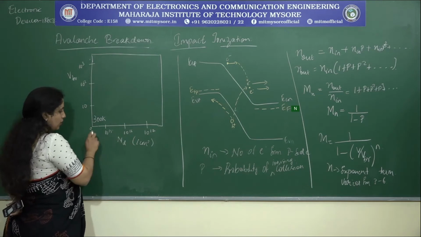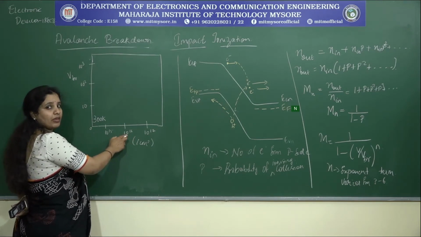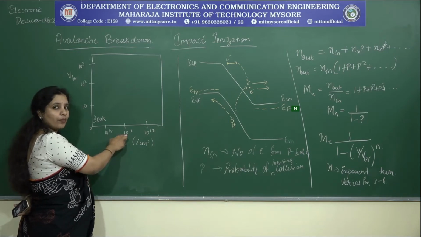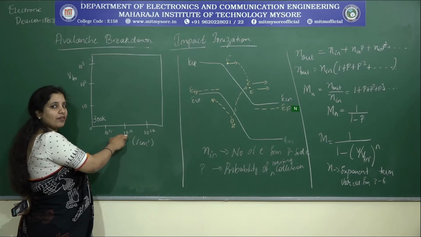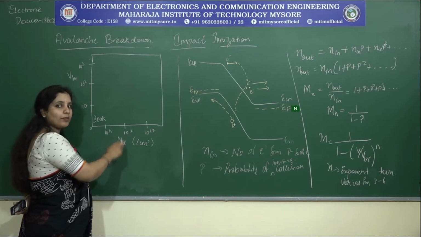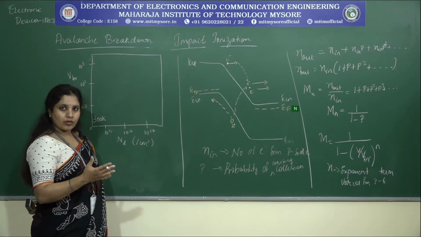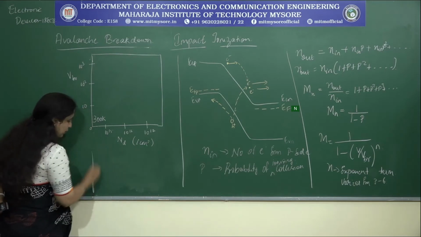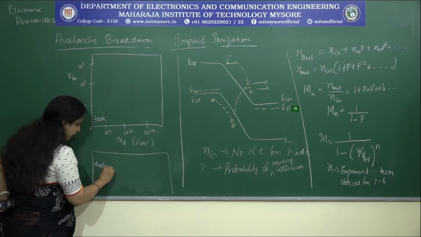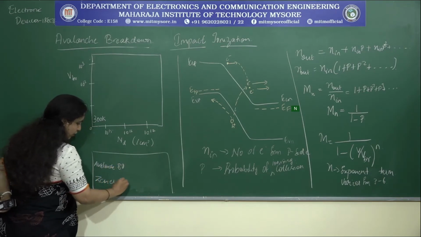Now remember, when I provide lower doping concentration, that means the N and P regions are lightly doped. If that is the case, what kind of breakdown happens? It is the avalanche breakdown. So if I say avalanche breakdown, what happens to the reverse breakover voltage that I have to provide? It is more, right? So let me put a table so that you can understand. This is avalanche breakdown, this is Zener breakdown.